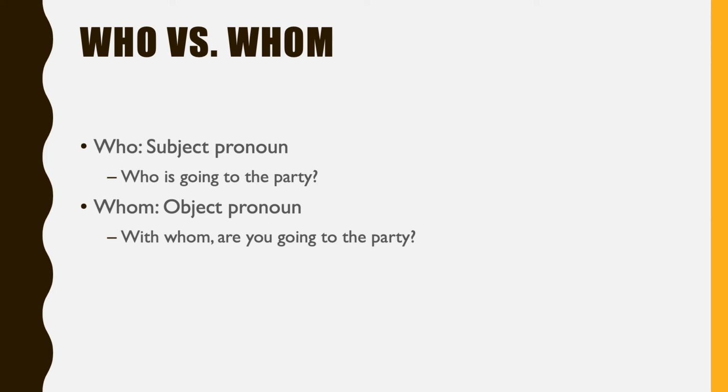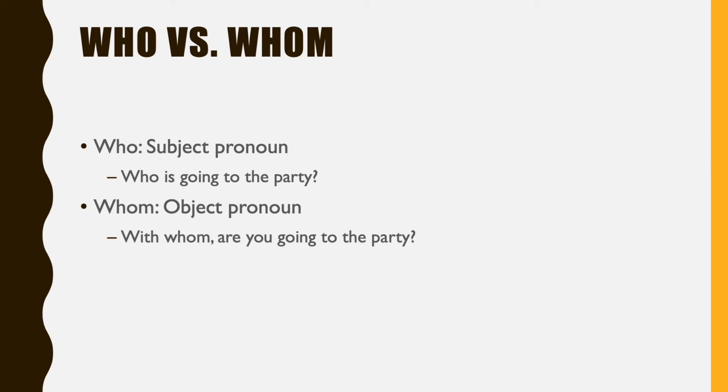Who versus whom. This one is often confused. Who is the subject pronoun. Who is going to the party? Versus whom is the object pronoun. With whom are you going to the party?